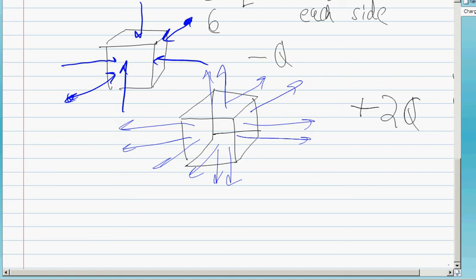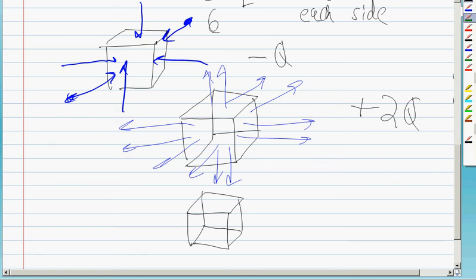Now, the last example I want to look at before we generalize about this charges and field lines thing inside a closed surface is, let's say that we had our same box. Kind of roundy, that one. Okay.